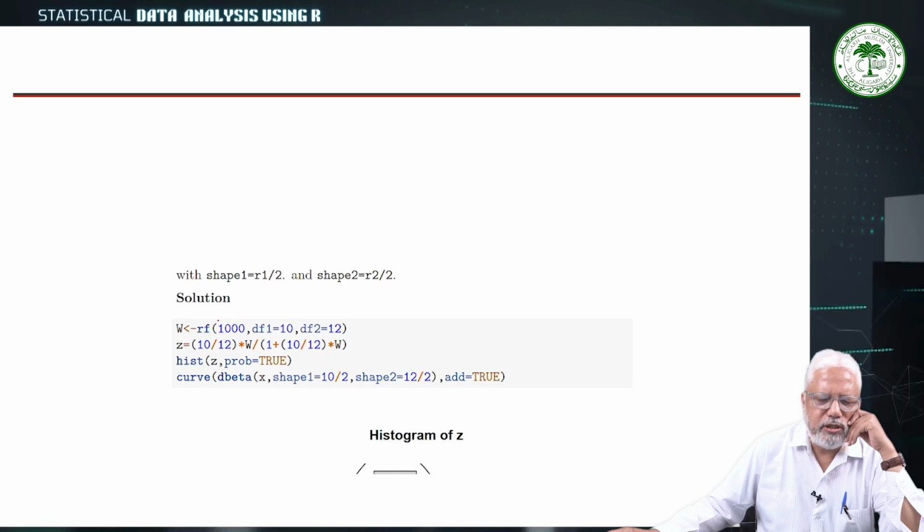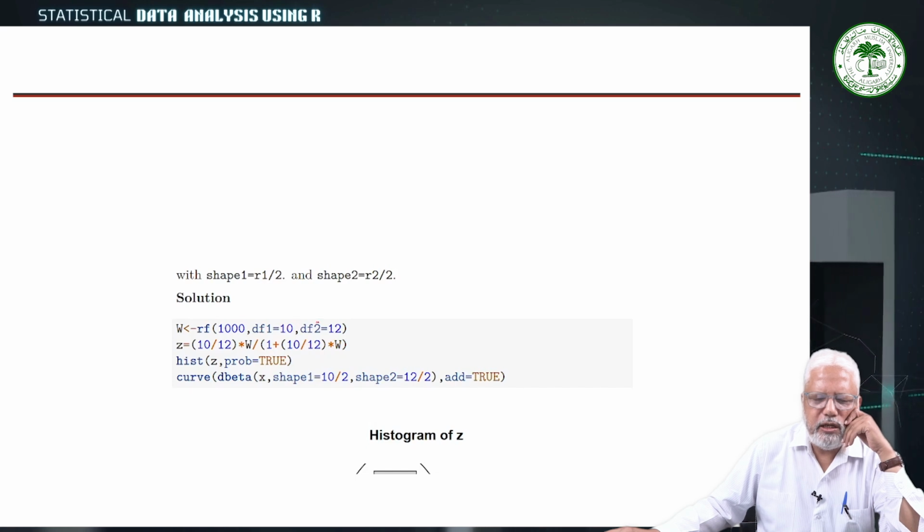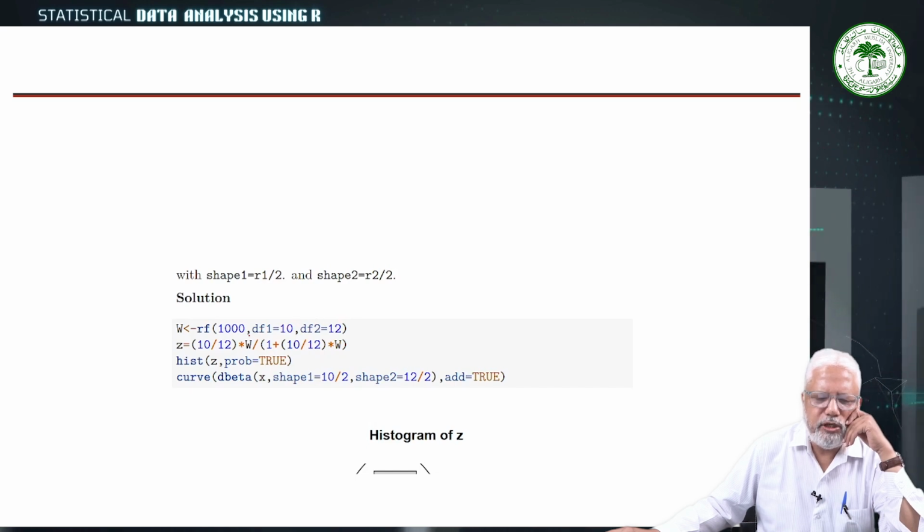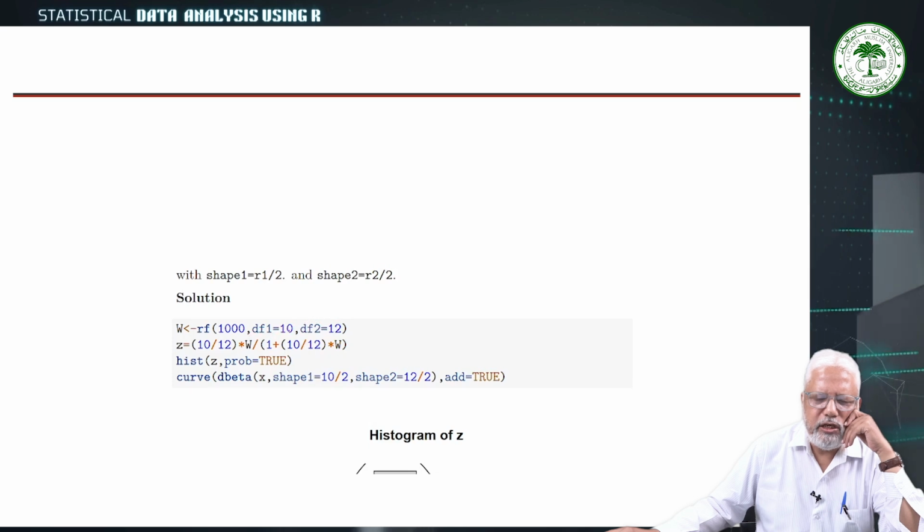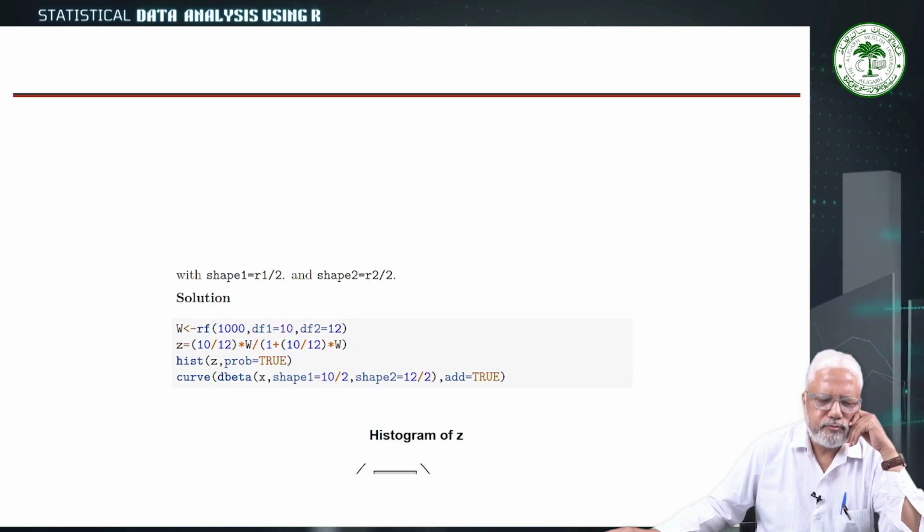So 1000 observations are being simulated, with 10 degrees of freedom in the numerator and 12 degrees of freedom in the denominator.